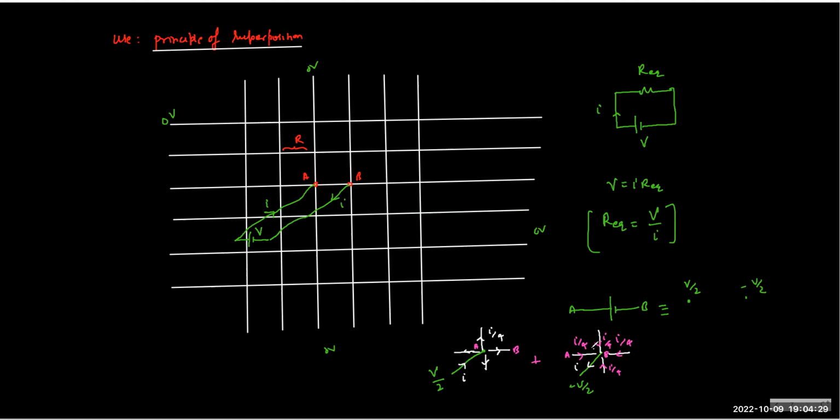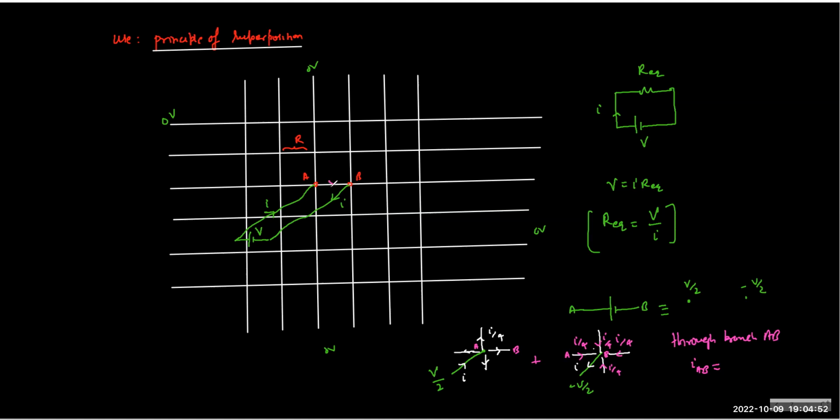And as per the principle of superposition, we add the current also. So the current in the branch will get added. So what is the net current through the branch? Through branch AB, what is the IAB? Tell me, guys.